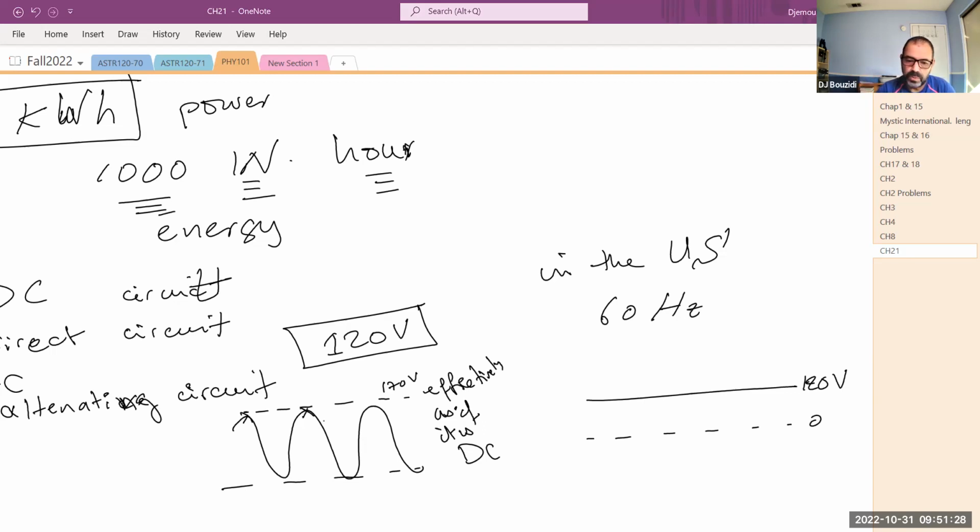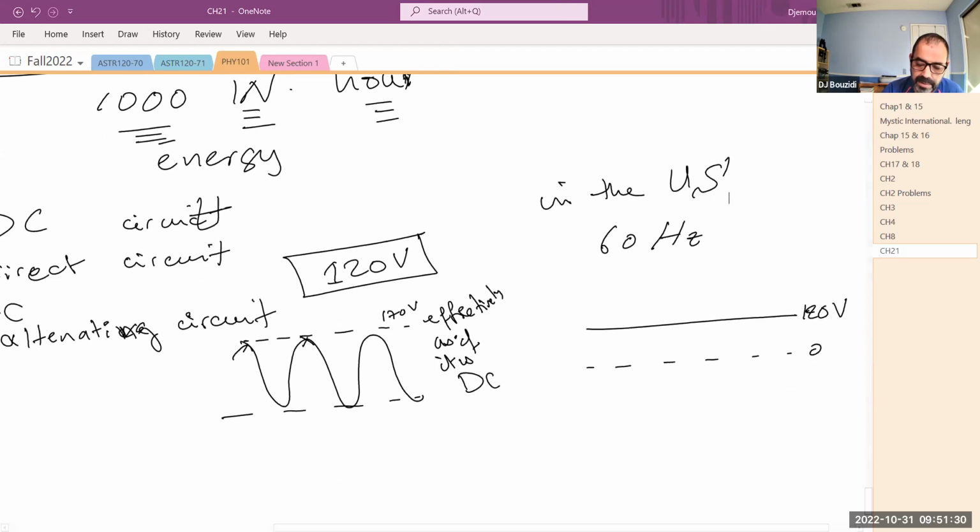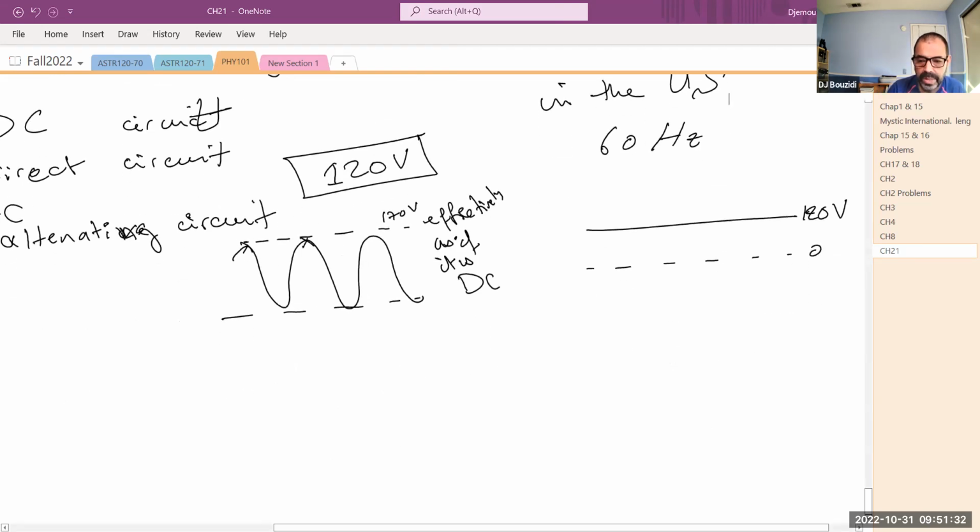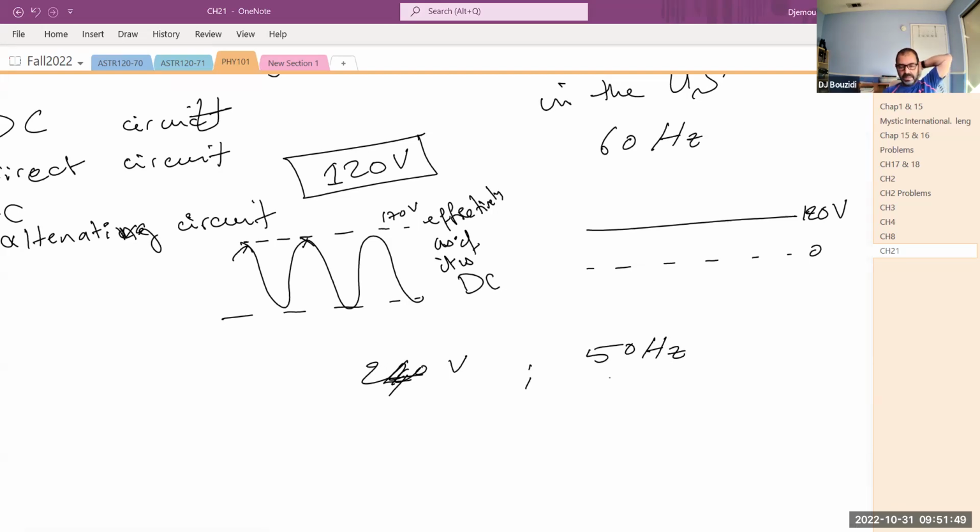This is as opposed to the rest of the world, which uses a different convention. Most of the world uses 240 volts, twice as much as this, but the frequency is only 50 hertz, so it goes back and forth 50 times in 1 second. That is the difference. So this is the frequency of the current in the United States, and this is the effective voltage.